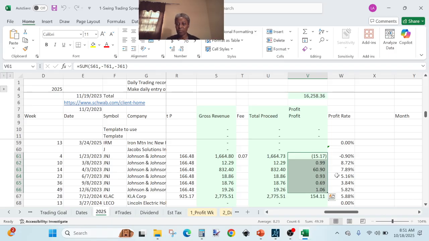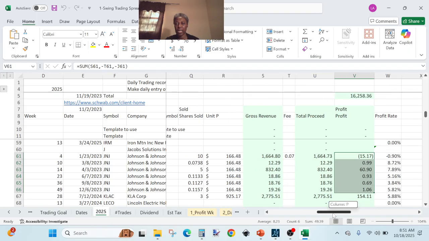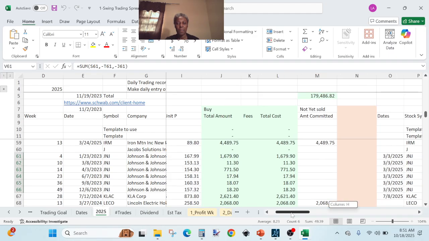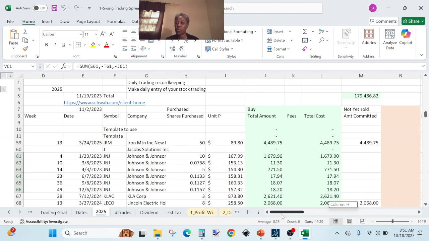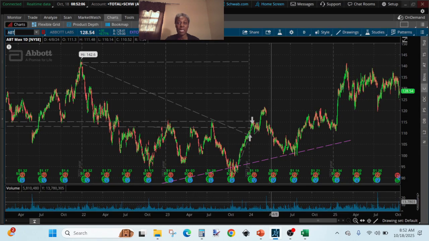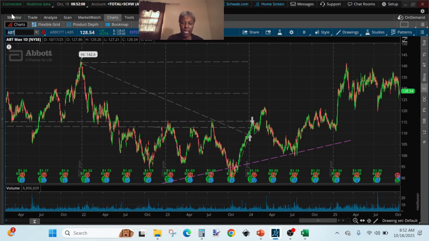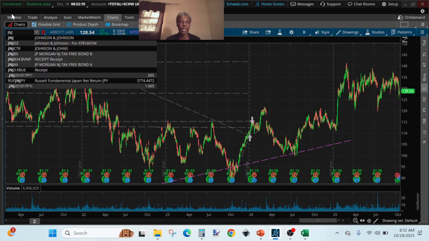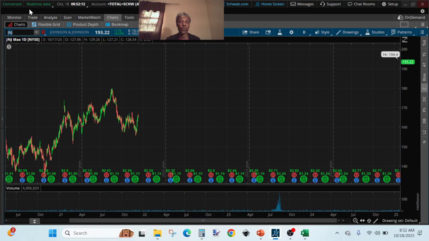So not much there, but as soon as it became positive enough, I just sold it and got out of it, because I purchased it for dividend income purposes, but I do not want to swing trade it either. Those stocks we purchased before 2024 for dividend income purposes, as they become positive, I'm selling them to get out of those trades and use that money to swing trade.